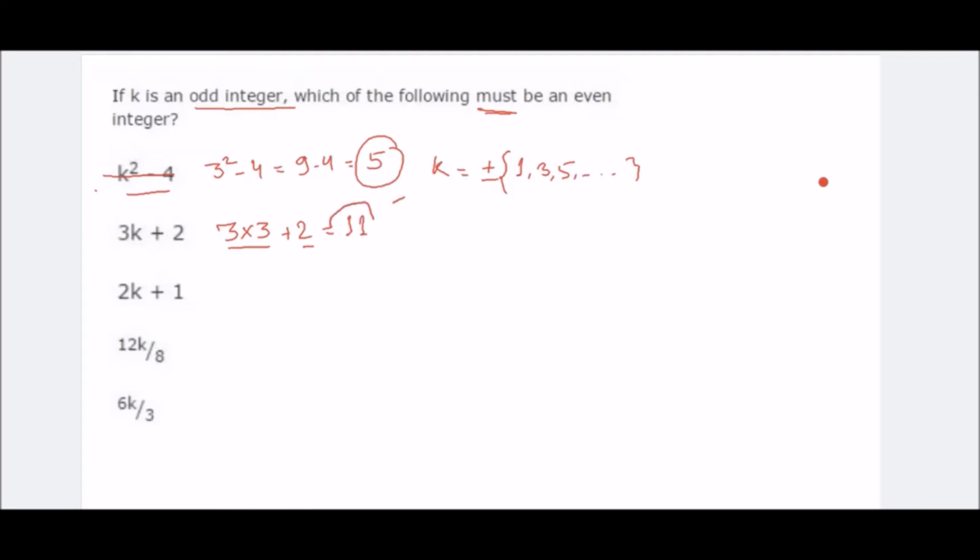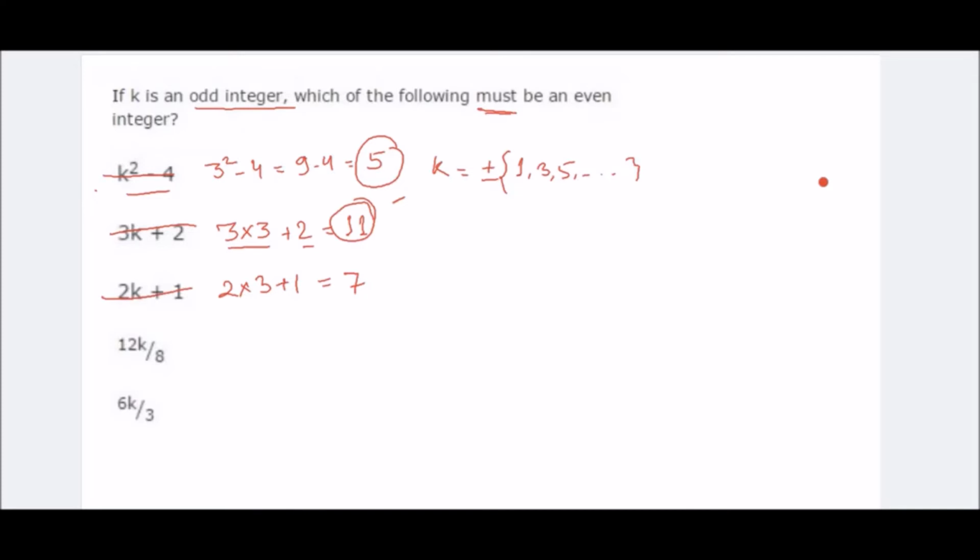This is also an odd integer, so this is not our choice. Now see next, 2 times 3 plus 1 equals 7, so that is also not our choice.